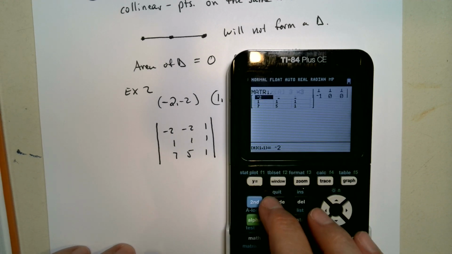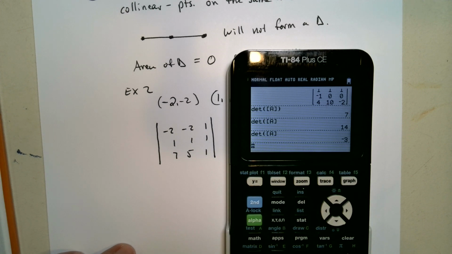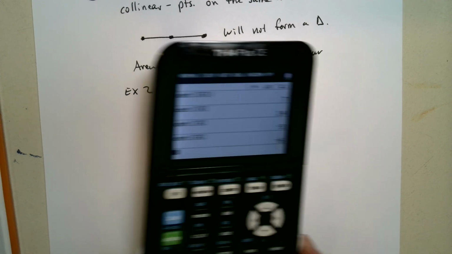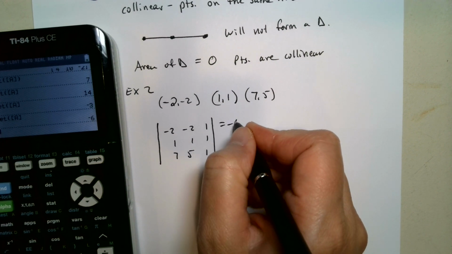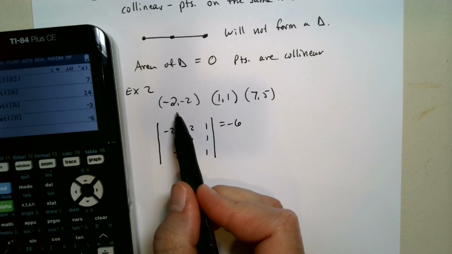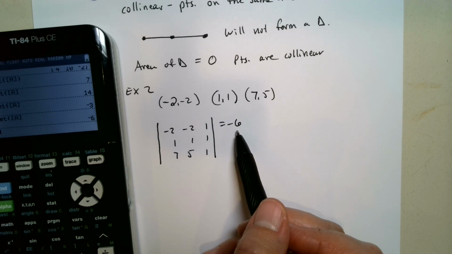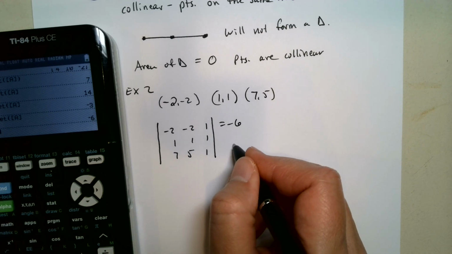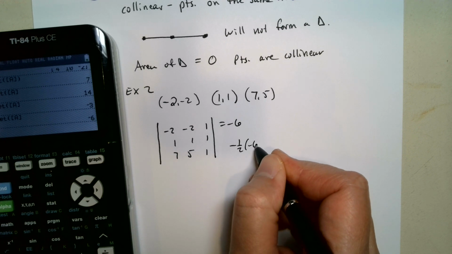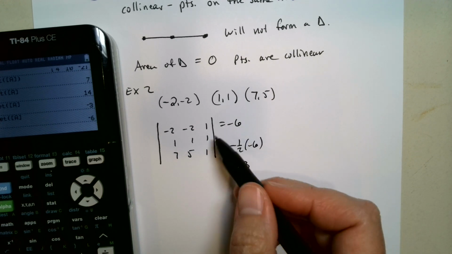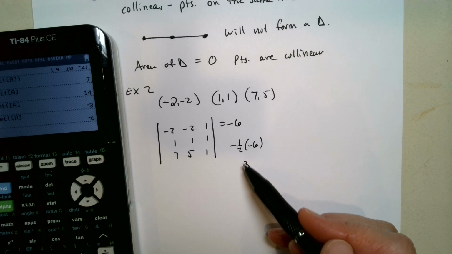All right, and I'm just going to hit second enter, and this determinant is equal to -6. So that means that these 3 points would form a triangle that would have an area. If I were trying to find the area, I would take -1/2 times -6, and I would get 3. So these 3 points would form a triangle that has an area of 3.